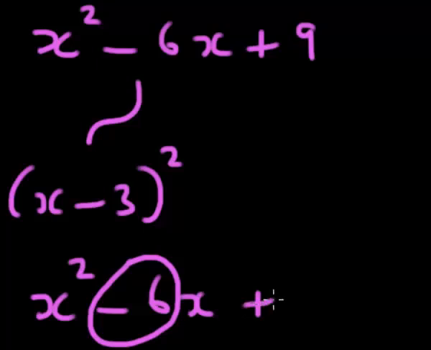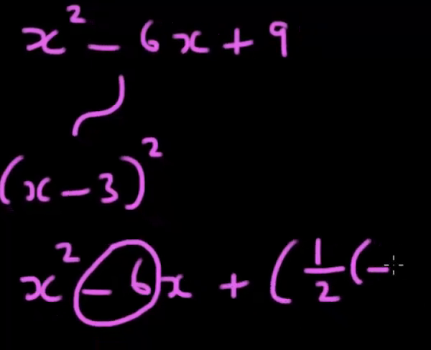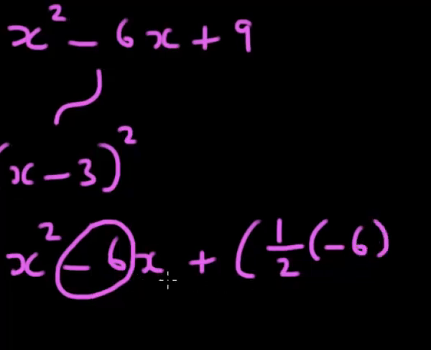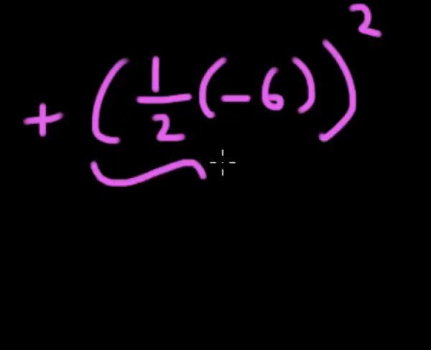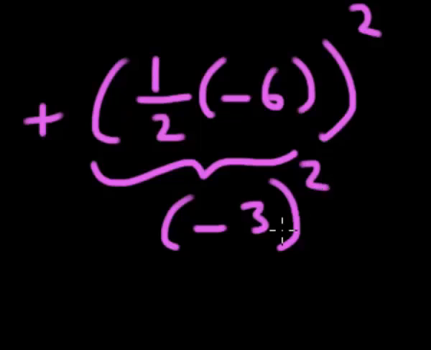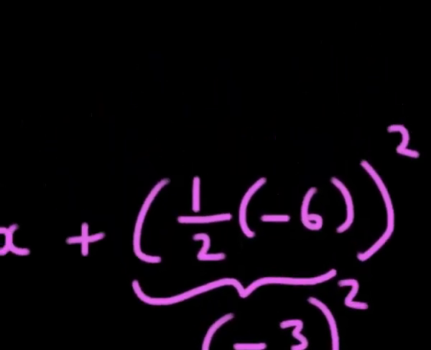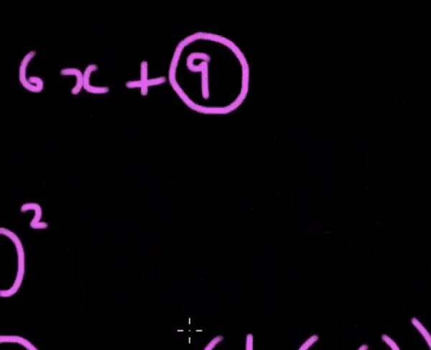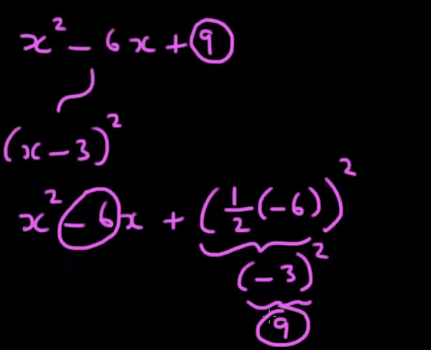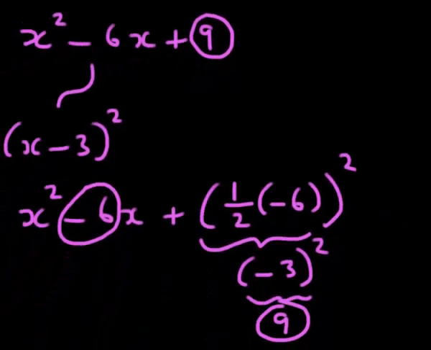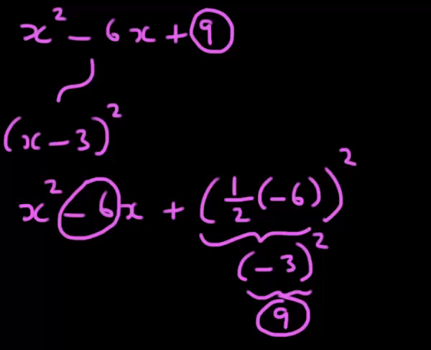If you go half the coefficient of the middle term x and square, look what happens. A half of negative 6 is negative 3, and if you square it, that gives you the last term. Is that not amazing? And it only works for perfect square trinomials. So this is a perfect square.